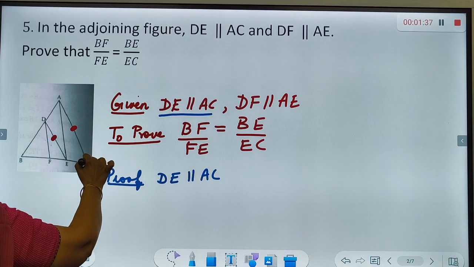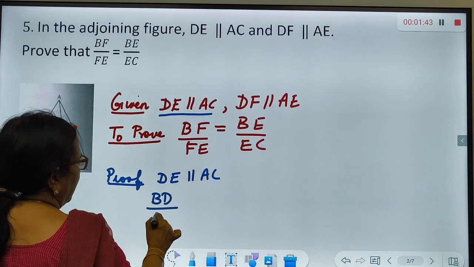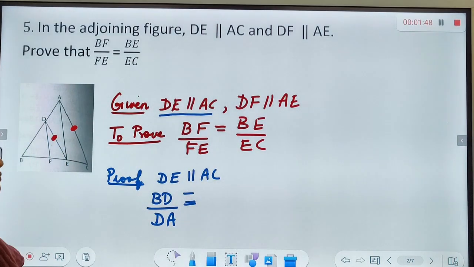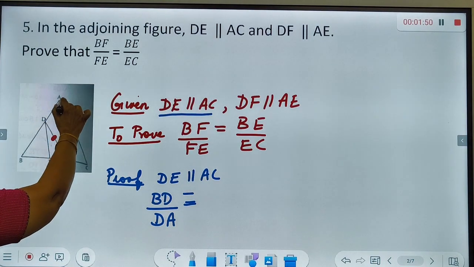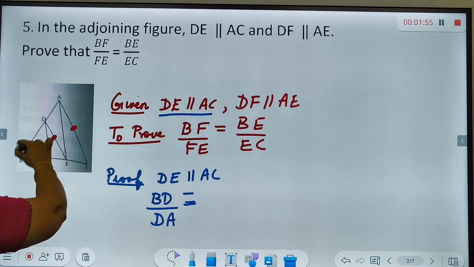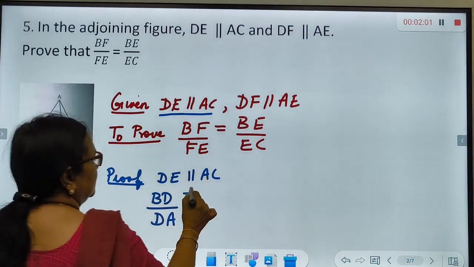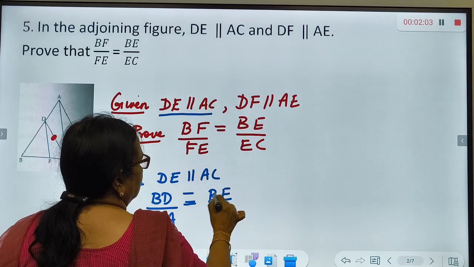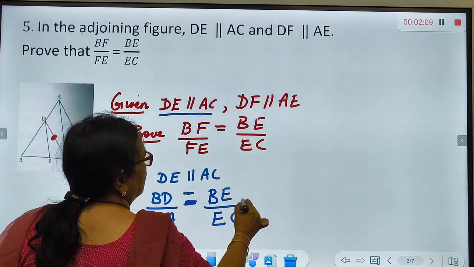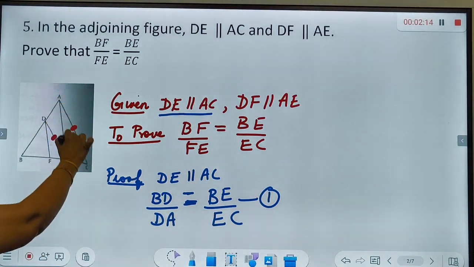So, that means BD by DA will be equal to BE by EC, because DE is parallel to AC.